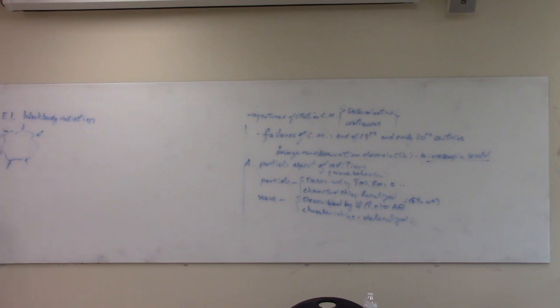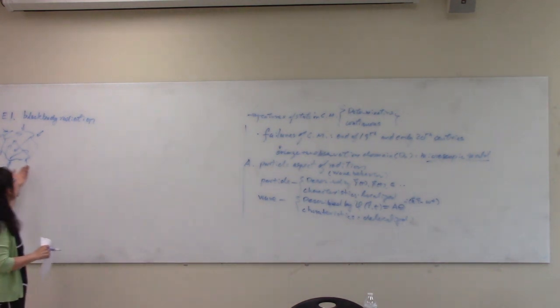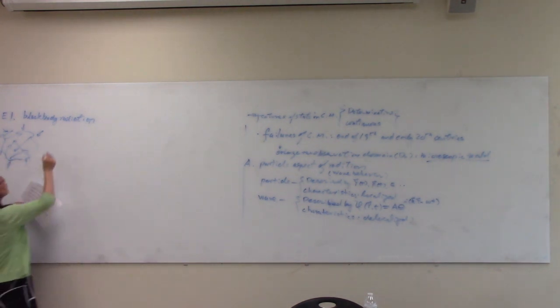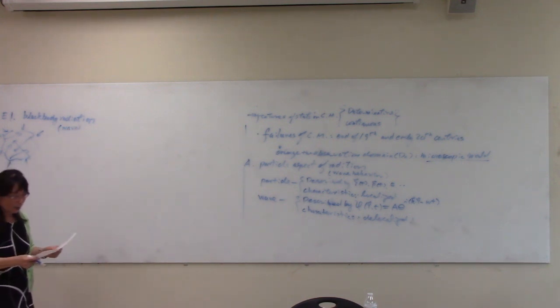And then what happens? Because it absorbed the energy of the radiation, it will emit from inside, right? That is the phenomenon. But this is a wave, right? Because it is radiation, so there must be wave behavior.